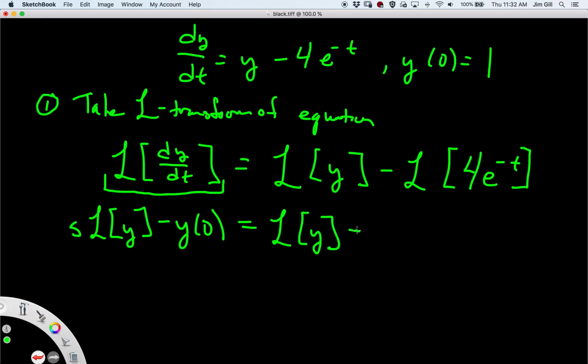And then we use linearity to get the Laplace transform of 4e to the negative t. We can pull the 4 out, and then e to the negative t is going to be 1 over s minus a negative 1, which is s plus 1. So we use the fact that e to the alpha t goes to 1 over s minus alpha.